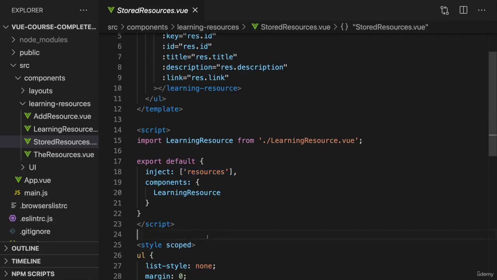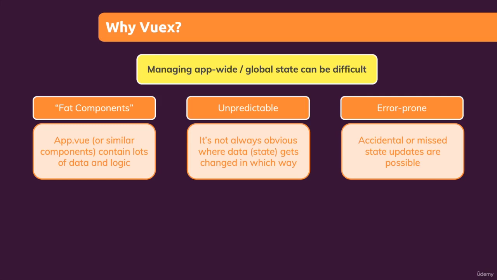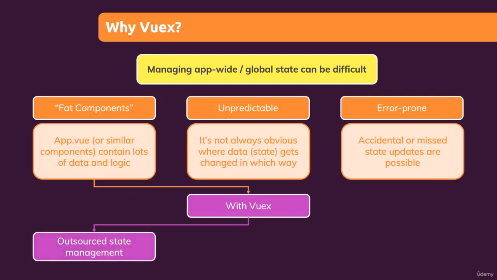You can edit data in places where it shouldn't really be edited. Of course, if you're working on your own, this might not be a problem, but in bigger projects and in bigger teams, it could become a problem. And that's exactly where Vuex helps us, because with Vuex, we outsource the state management. It's no longer in such fat components, instead it's in a separate place detached from the components.